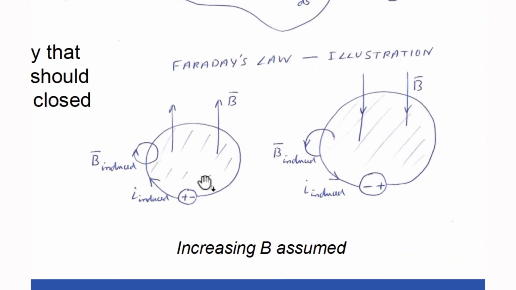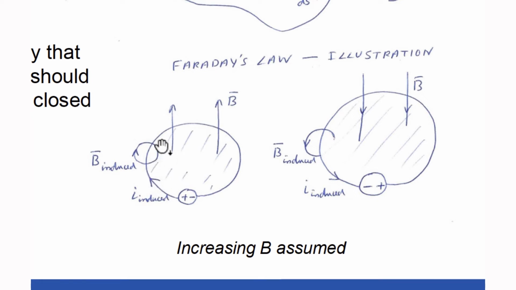Now for that, consider this simplified diagram, where B is assumed to be increasing. This increasing B should produce an EMF in such a direction that the current produced creates an induced magnetic flux density, or magnetic flux, that opposes this original flux.